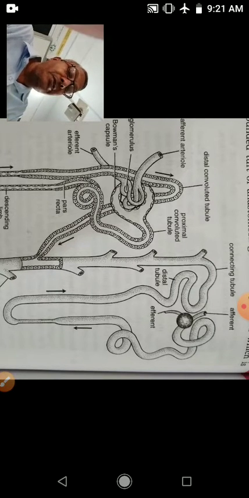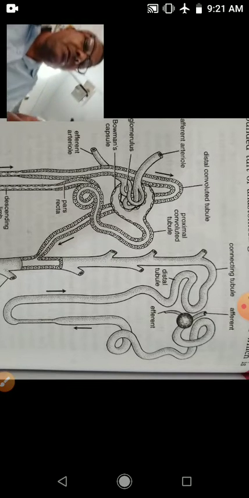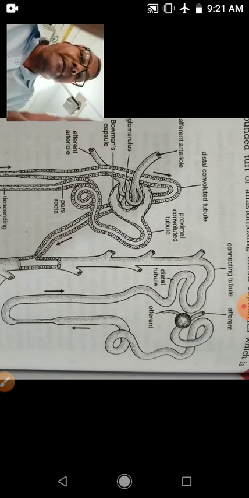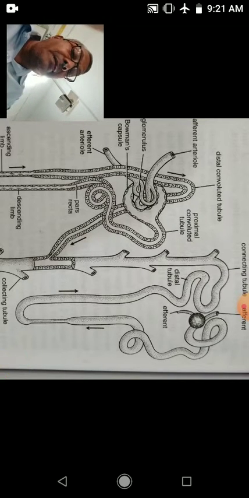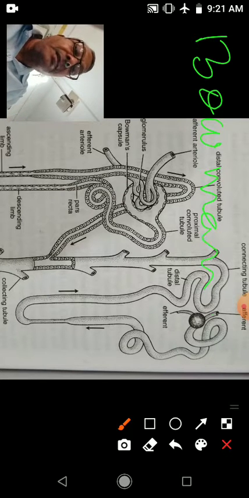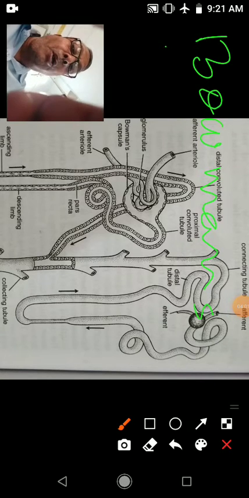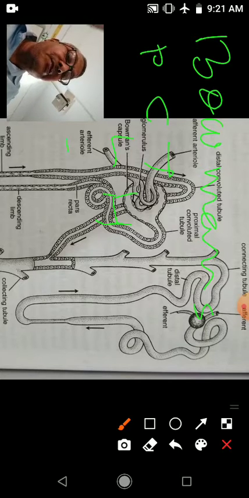So children, you have to learn: the first part is the Bowman capsule, the second part is the proximal convoluted tubule, then the loop of Henle, and then the distal convoluted tubule, DCT.